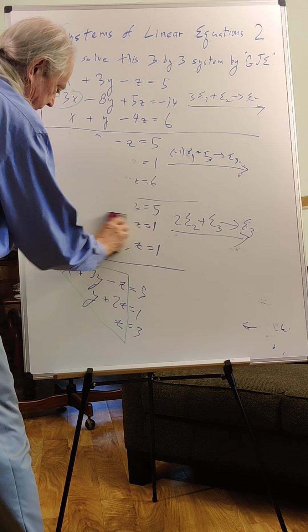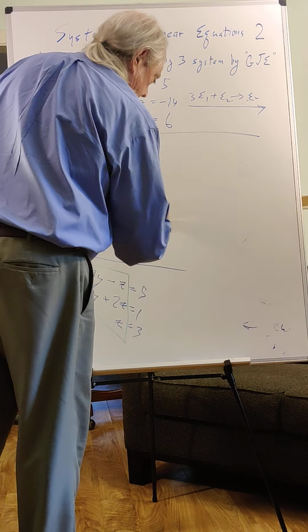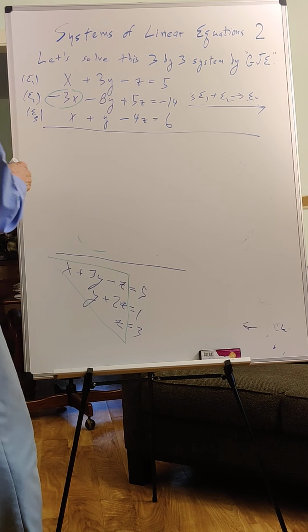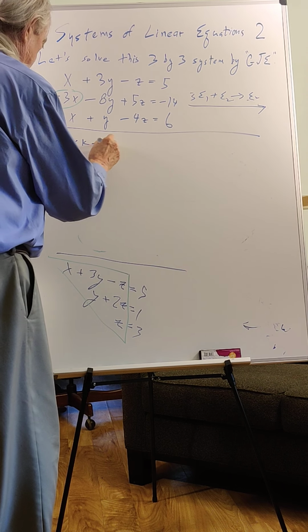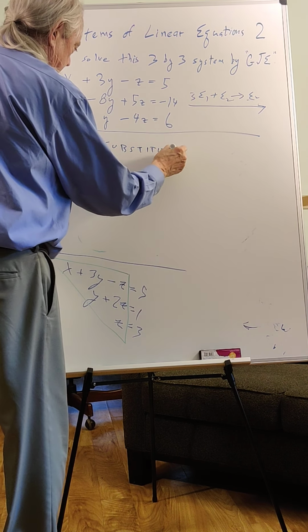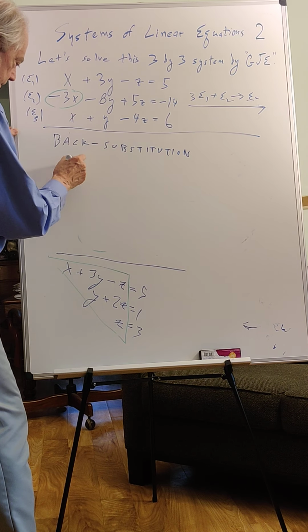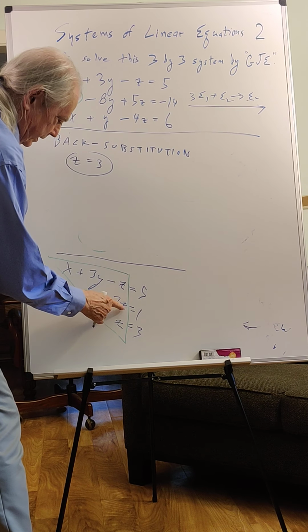So the second part of the solution is called back substitution. So we know that z is 3. So we take the value 3 and put it here.